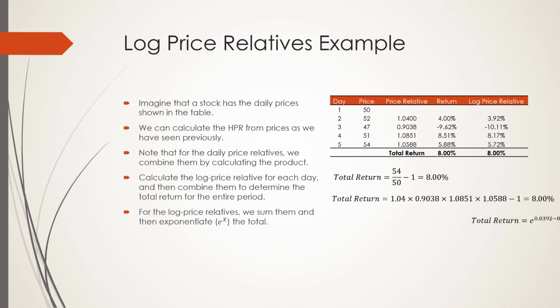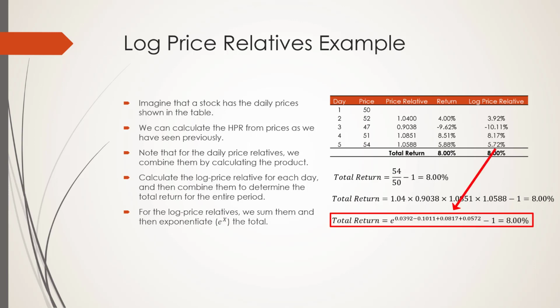So here's the formula: e to the 0.0392 plus negative 0.1011, and you notice I have that as minus because it's a negative number, plus 0.0817 plus 0.0572. We raise e to that total and then subtract 1, and we get the same 8%. Now notice that you will have a button on your calculator that says either EXP for exponentiate or e to the x. That's the button you would use to do this.